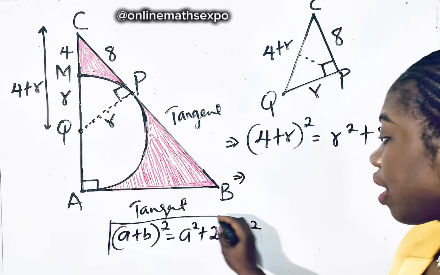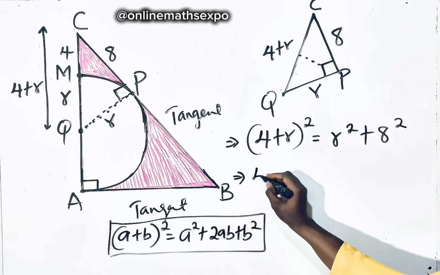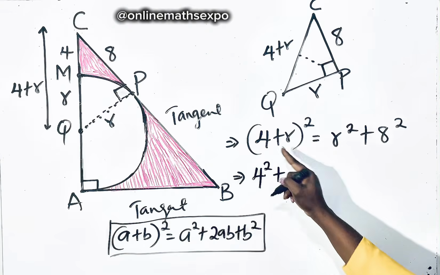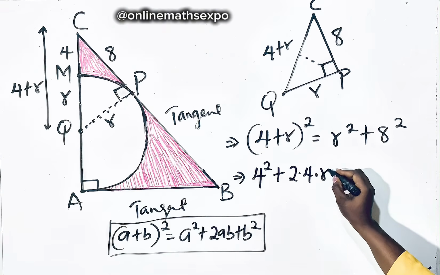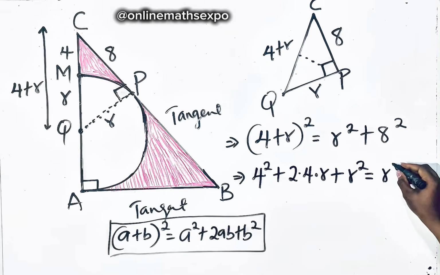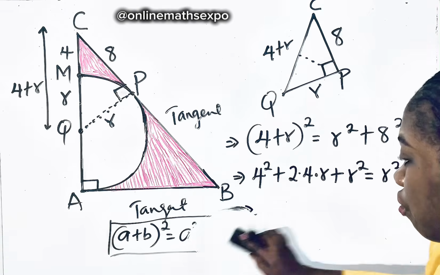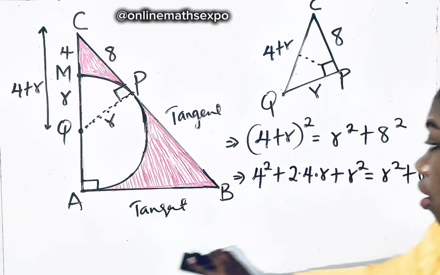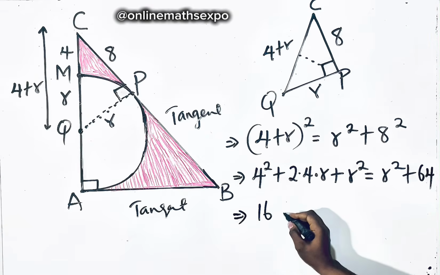Let's use this algebraic identity. So we have 4 squared plus 2 times 4 times r, plus r squared, is equal to r squared plus 8 squared, which gives us 64. We keep solving. 4 squared gives us 16.